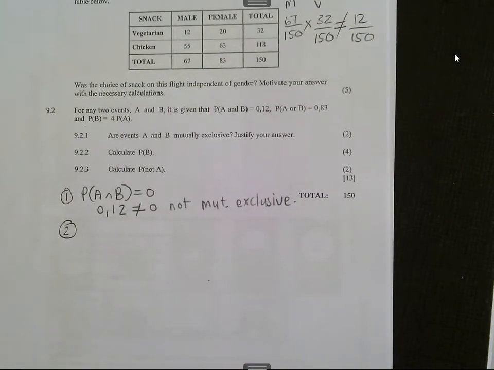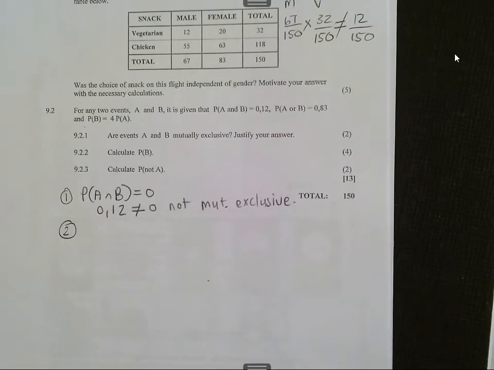We have a value for or, we have a value for and, and we have some sort of something there for B and A. We have information, but we don't have their values. What equation do you think we should use? What equation has definitely got B in it, it's got and in it, and it's got or in it?